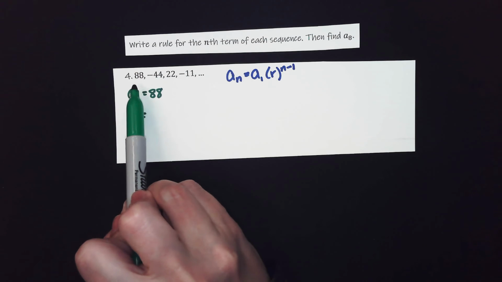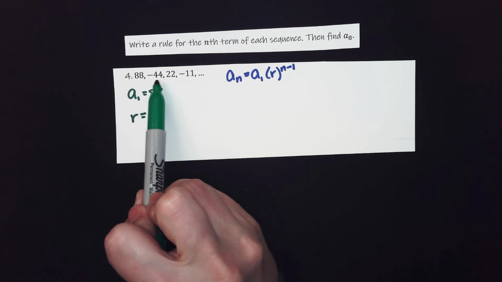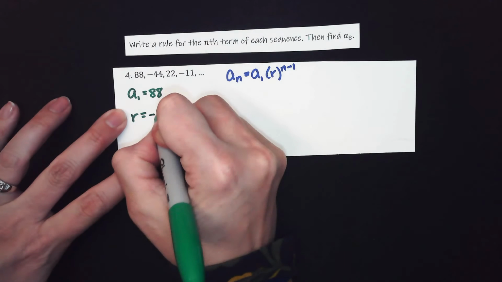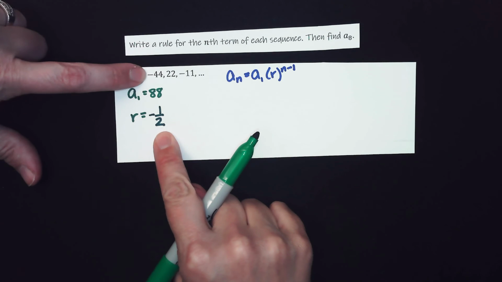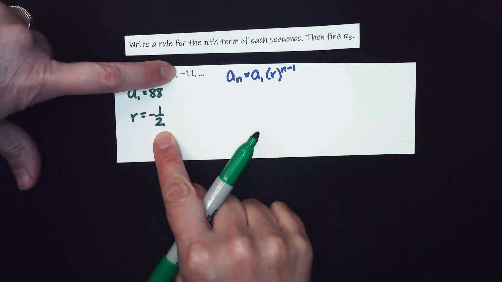So what do I multiply 88 by to get to negative 44? Well, if you have trouble seeing that, you can take negative 44, divide by 88. I get negative 1/2. So I can see 88 times negative half is negative 44. Negative 44 times negative half is 22. 22 times negative half is negative 11, and so forth.